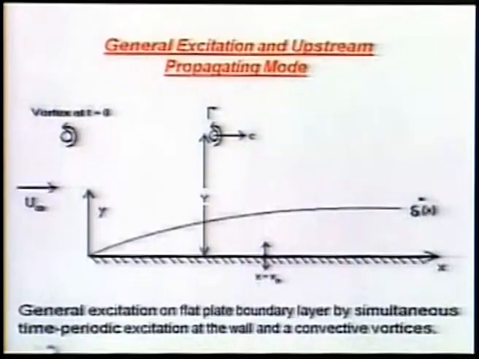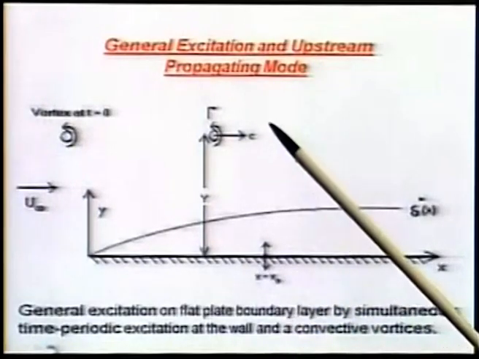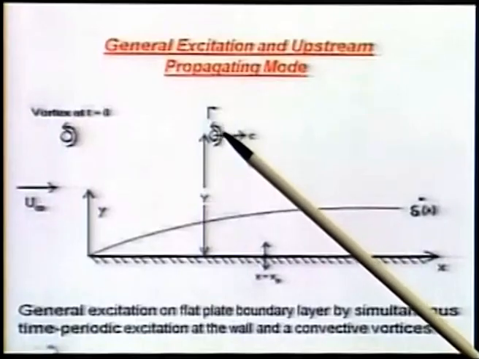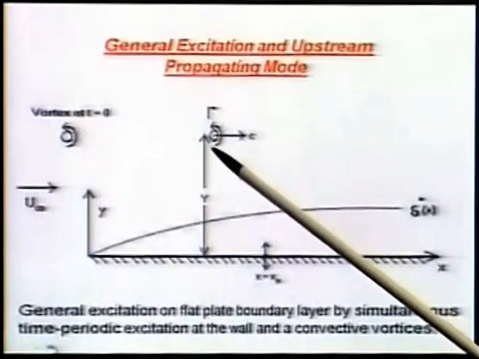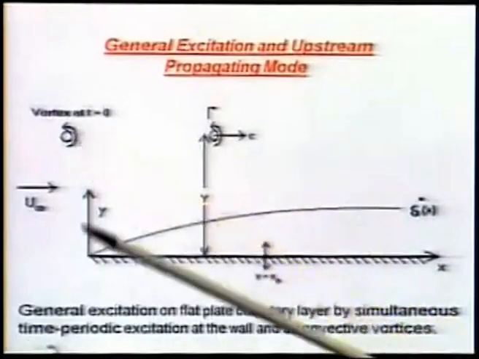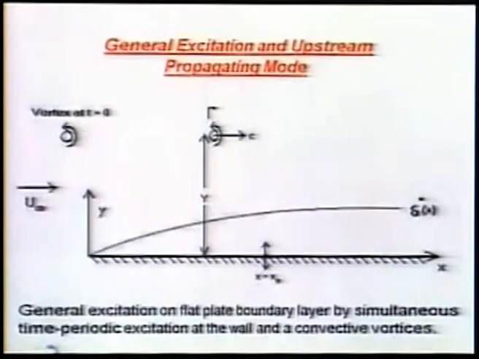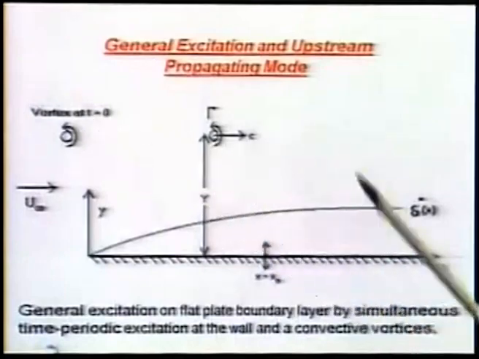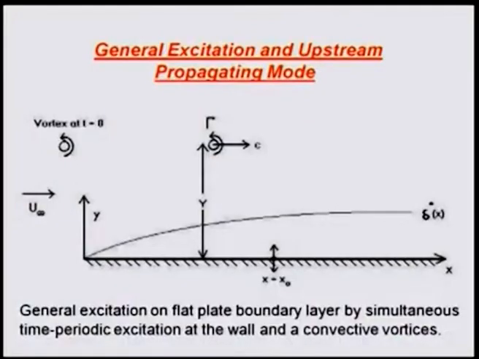So, let us consider a case of a single vortex which is convecting at a constant speed c at a height capital Y, and at t equal to 0, this vortex was a little upstream of the leading edge. And then once this vortex starts going, what happens?